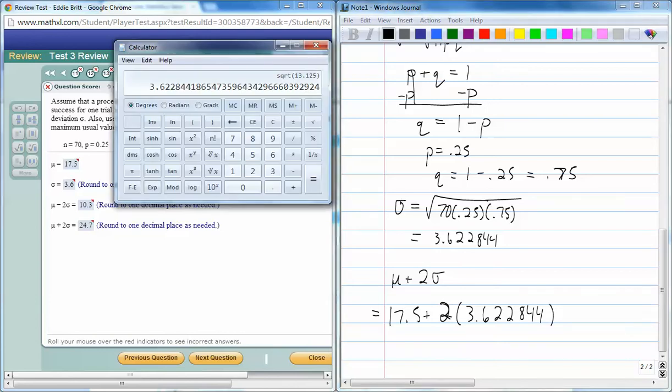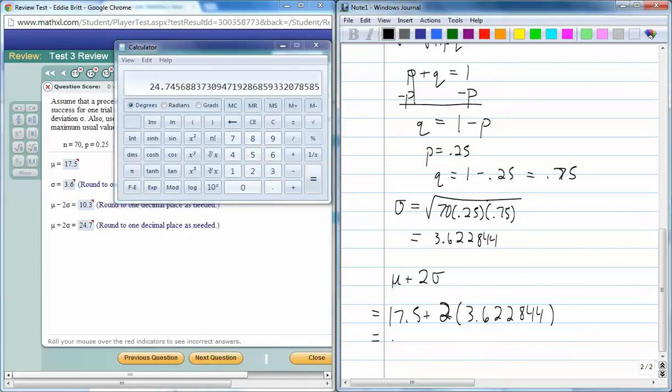But I'm going to just keep this in my calculator and say that times 2 equals, and now plus 17.5. Alright, and so my maximum usual value, how did I know it was maximum? Because I added. If you're adding, it's going to be the maximum. That's 24.745688, and so on and so forth.